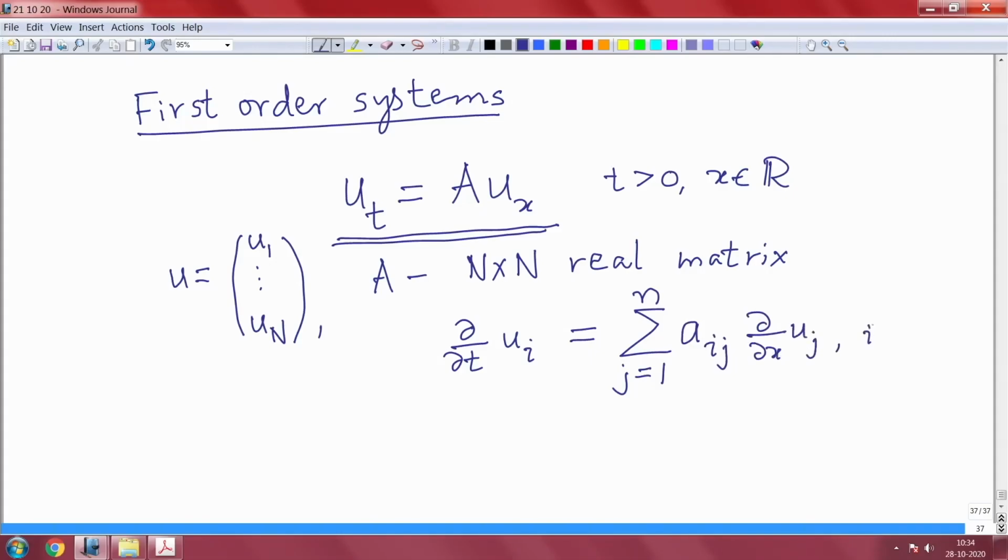So, there are n first order equations. So, that is why it is a first order system. So, aij are the components of the matrix.